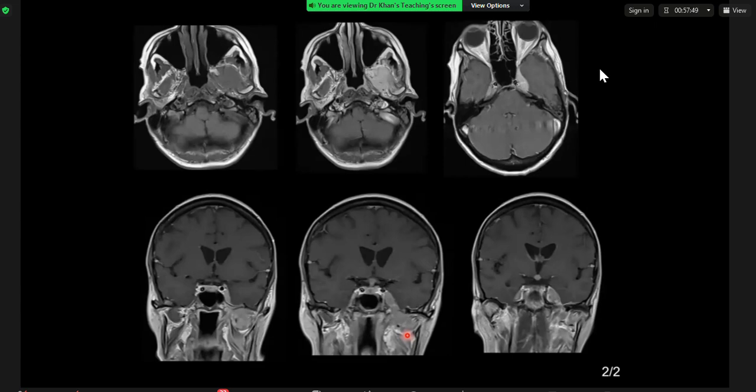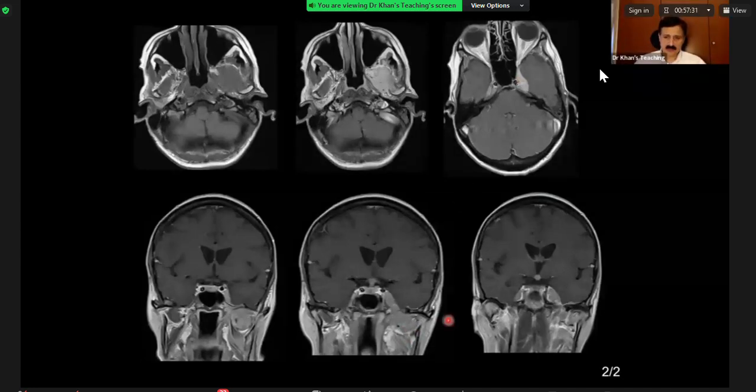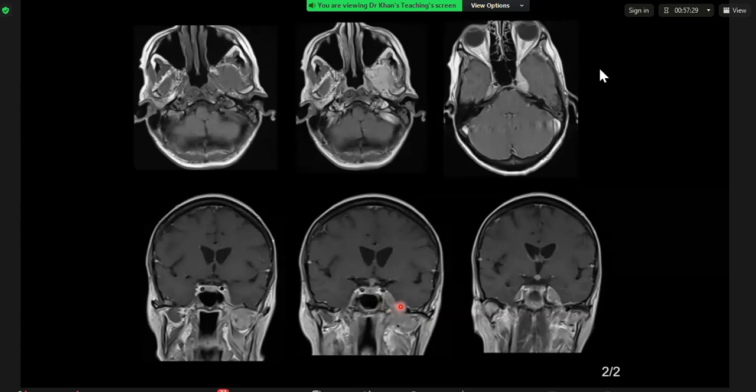So in summary, I have a lesion predominantly involving the muscle, and also I'm trying to see whether there is any involvement of the cavernous sinus here. Because I'm using the left internal carotid artery as my reference point here, it seems that it's just lying lateral to it.